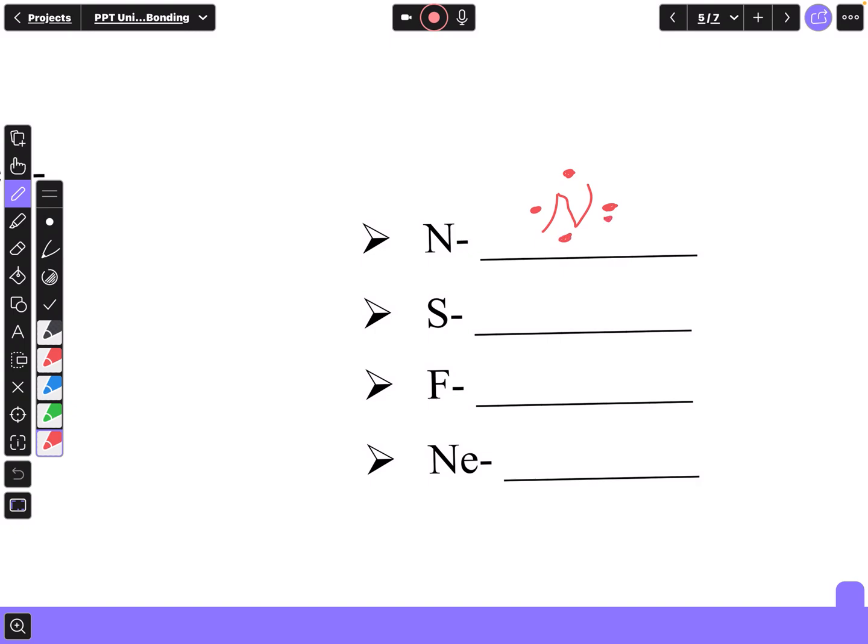And then I would start back over, putting one right there. And then sulfur's in group 16, or 6A. It has 6 valence electrons. And fluorine is in group 17 or 7A, so it has 7 valence electrons.